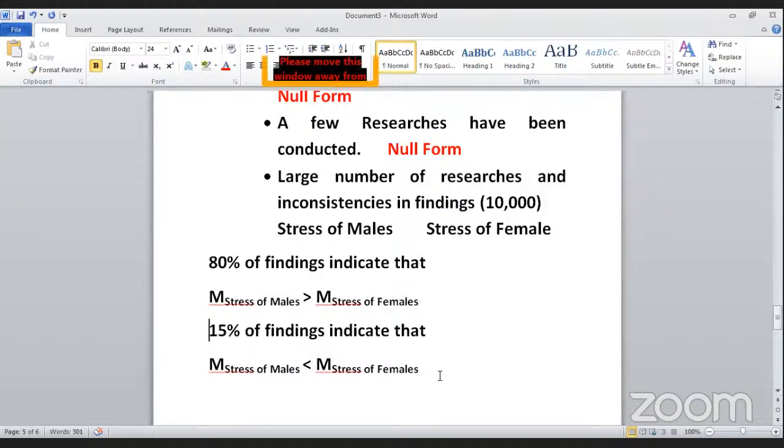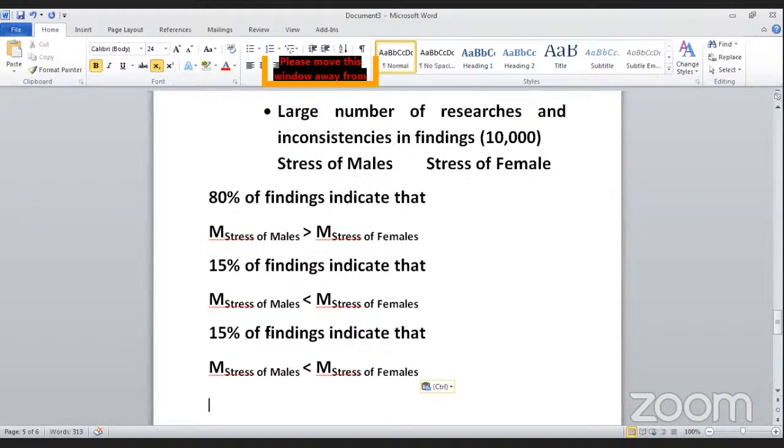And suppose 5% of the findings of the researchers indicate that the mean score of stress of male is equal to the mean score of stress of female.